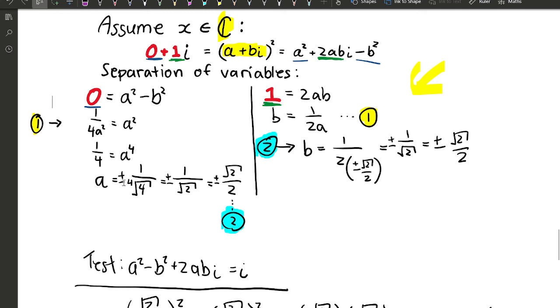Don't forget the plus or minus, because you're taking the fourth root of something. I took the fourth root of both sides. Don't forget the plus or minus, because when you've got an even root, it can be either the negative or positive version of that root that when raised gives you the value under the root sign, right?